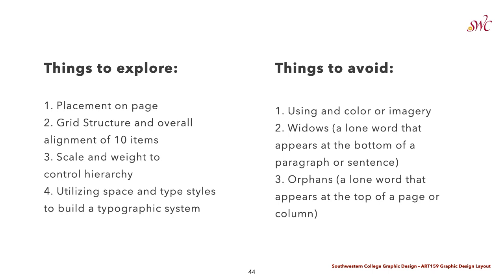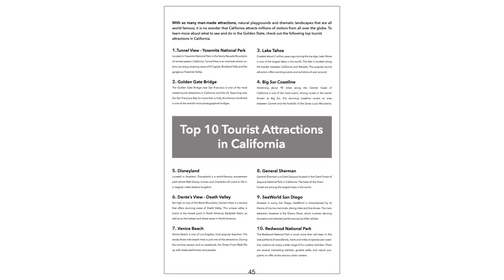In addition to that, we also want to avoid any orphans, which are any lone words that appear at the top of a page or a column by itself. So we want to make sure that the information is sticking within the appropriate paragraphs, and the lines of text are going to end with more than one word at the bottom of each one of those lines.